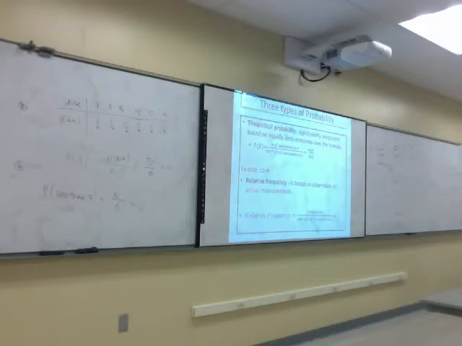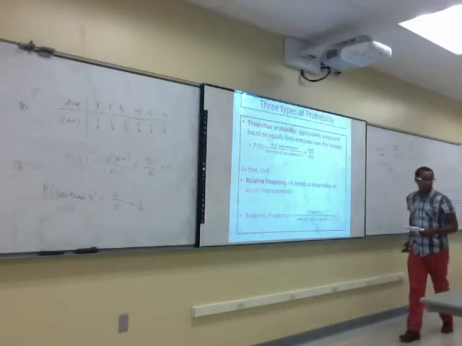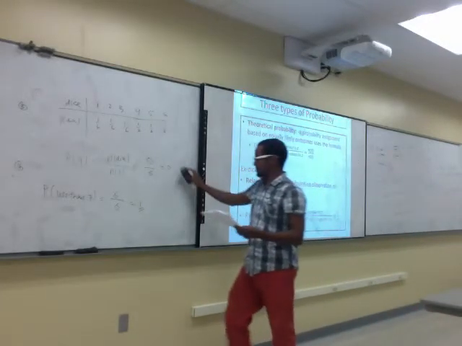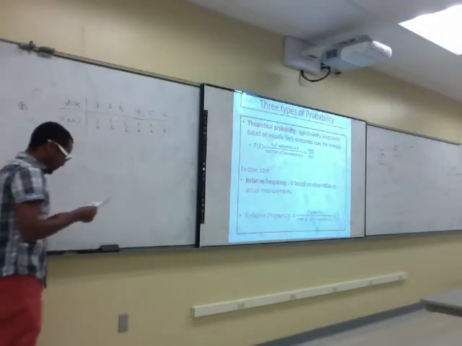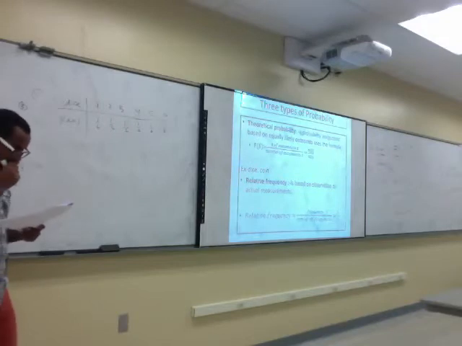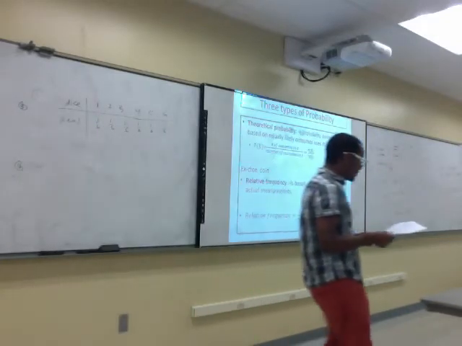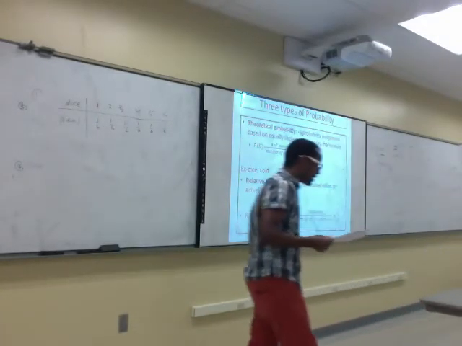All right, number 8. Find the complement of each event. So if I roll a dice and get a 4, I'm interested in getting 4.